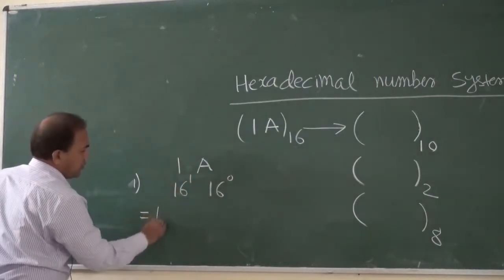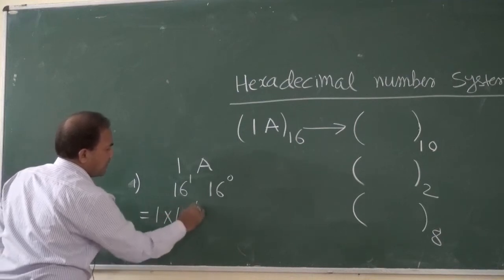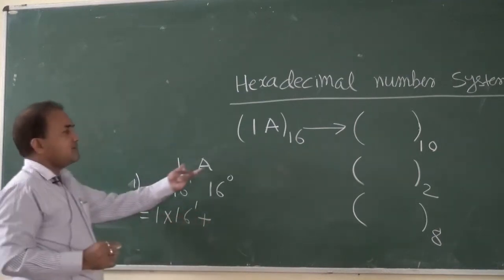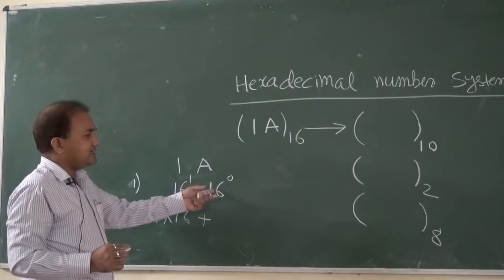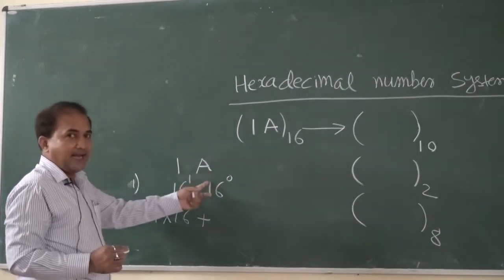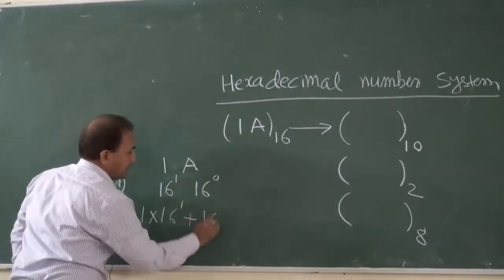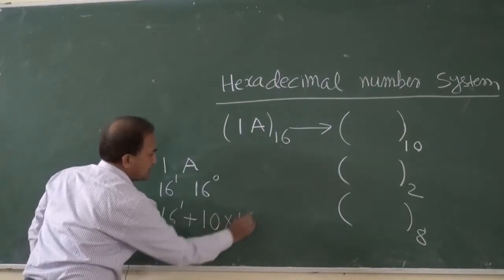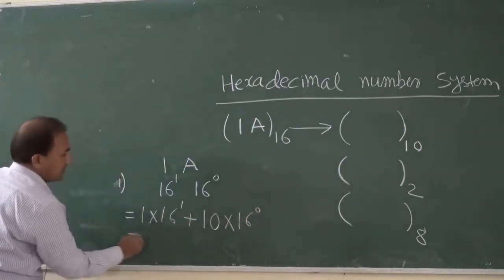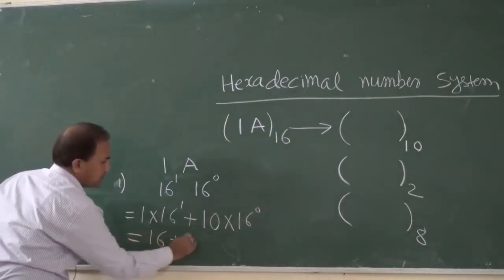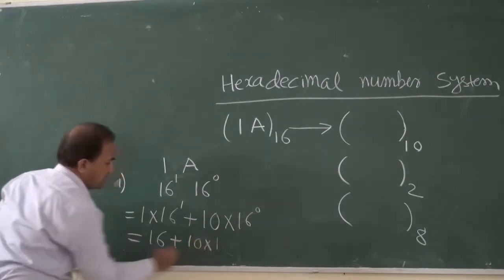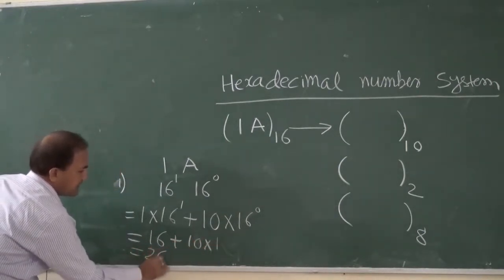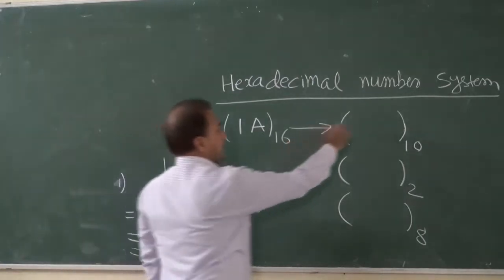So it is equal to 1 into 16 to the power 1 plus, positional value is 16 to the power 0, and A is equal to 10 into 16 to the power 0. So it is equal to 16 plus 10 into 1. So it is equal to 26 in decimal.